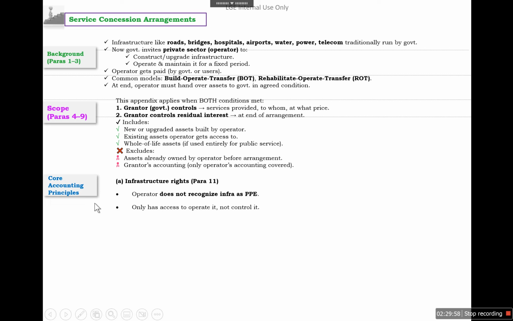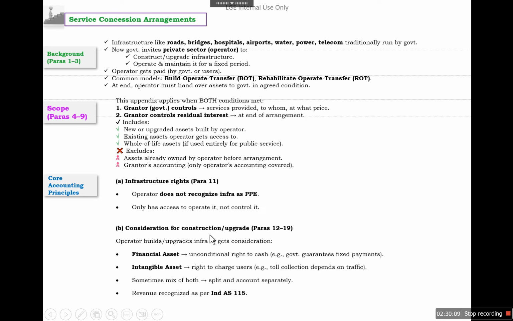The core accounting principle is that the operator will not recognize the infrastructure as PPE, because control is with the government, and the operator has only access to operate it, not to control it.